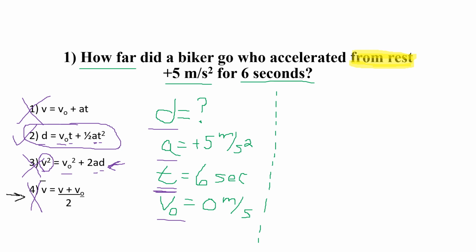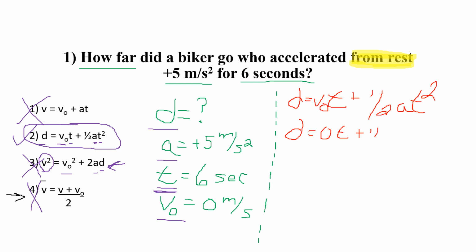Now, it's actually fairly easy. Now, it's just a matter of plugging and chugging into the equation. It's just algebra from here. We actually did all the physics. I'm just going to plug in. d equals 0 times t. 0 times anything is 0. Plus 1/2, 5, 6 squared.